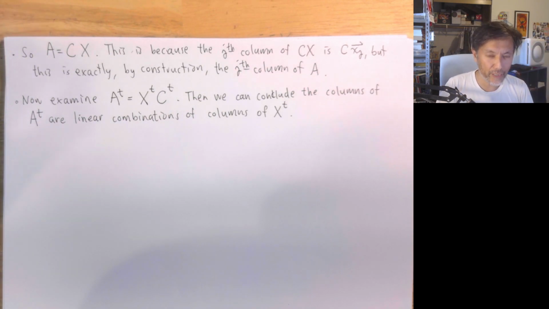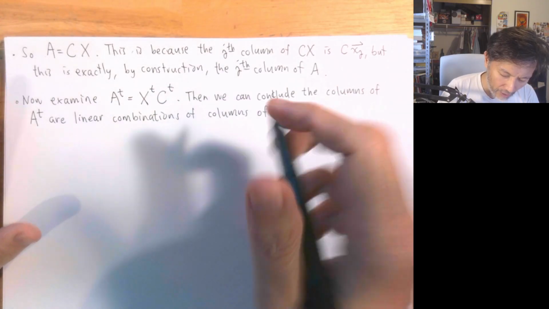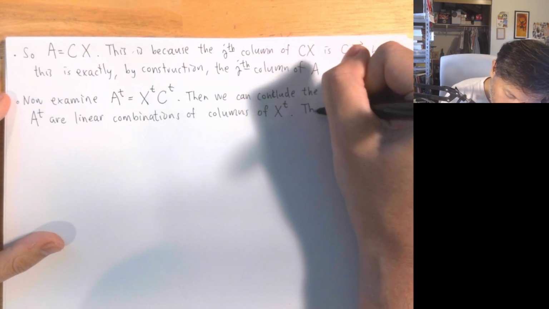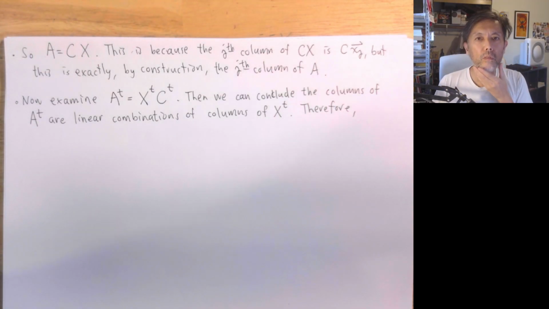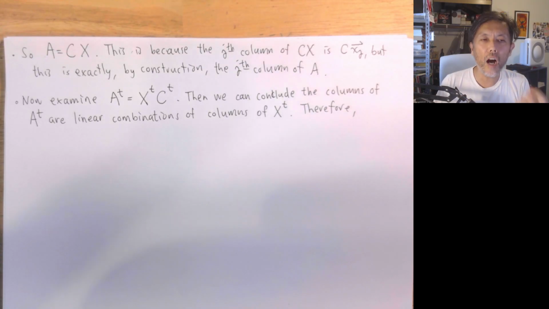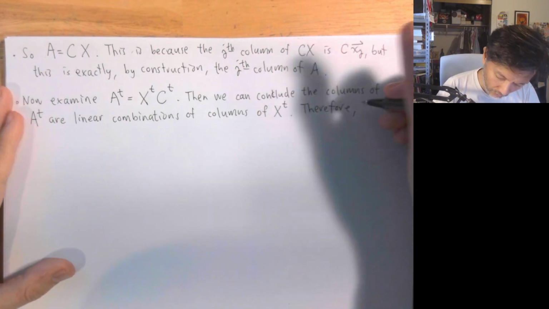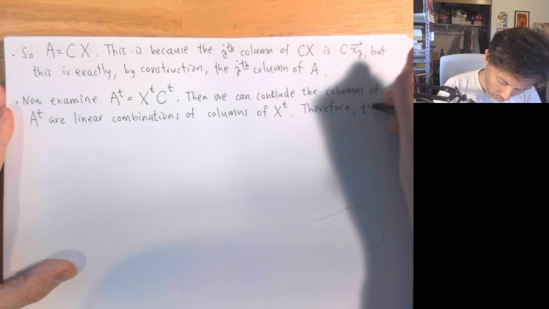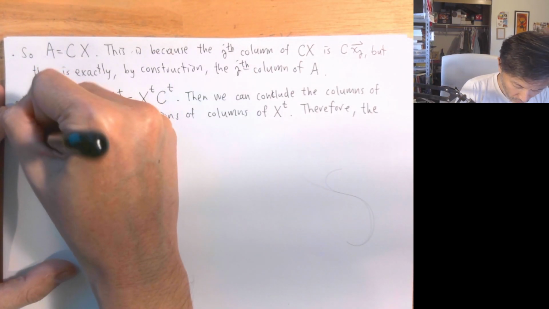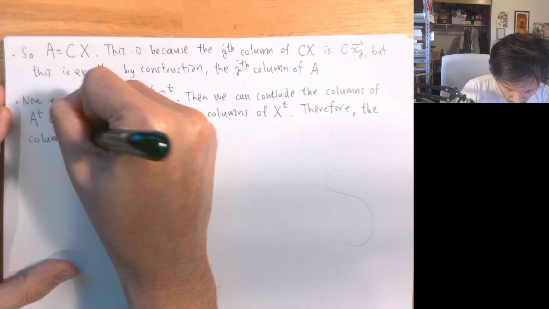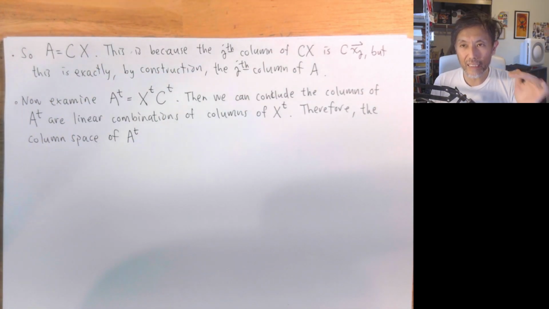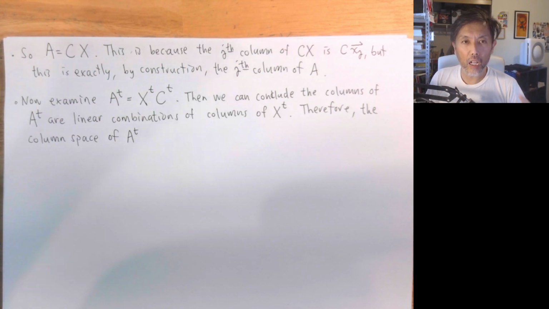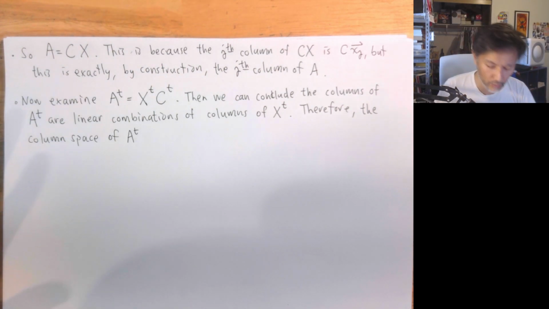Now, the point is that this implies that the column space of A transpose sits inside the column space of X transpose.